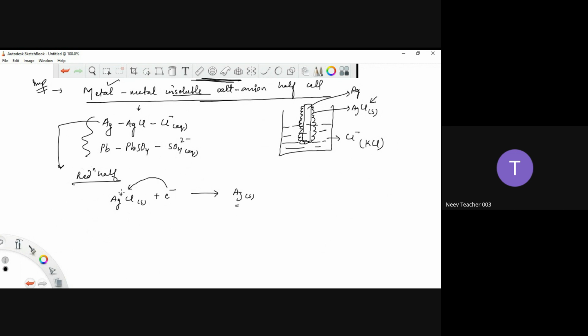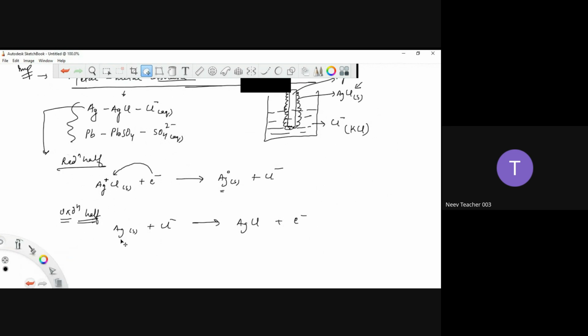From plus to 0 you are going, it's a reduction. And then what is left? Cl minus. This will be the reduction half cell. To write the oxidation, I just need to reverse it. So you have Ag solid and Cl minus from the solution, and it will give you AgCl plus electron. That will be the oxidation half of it.